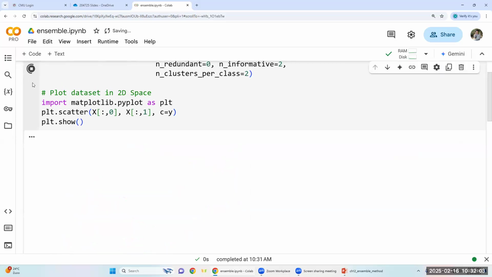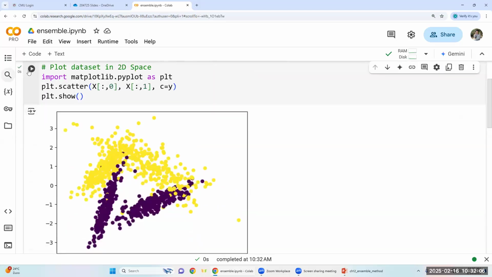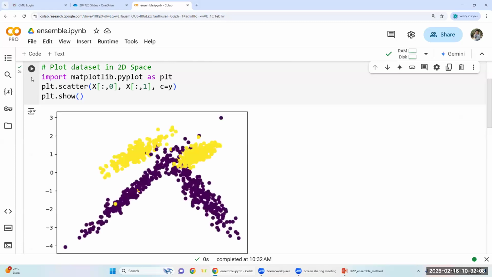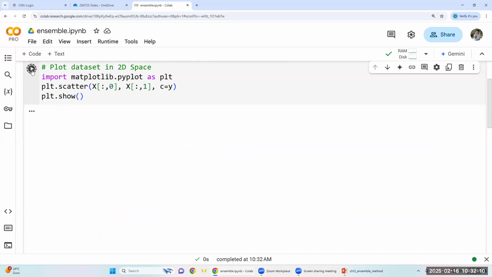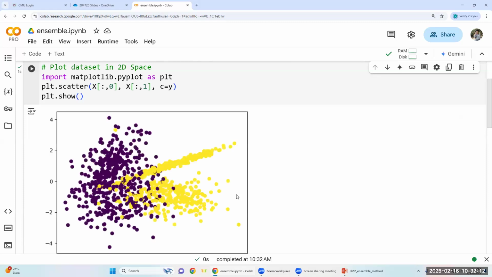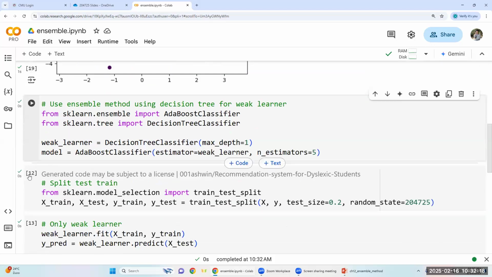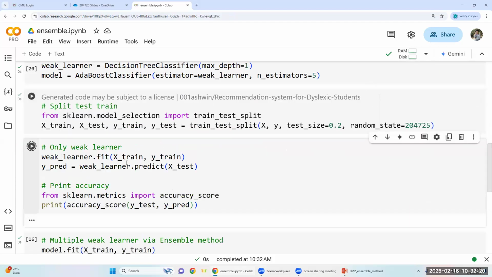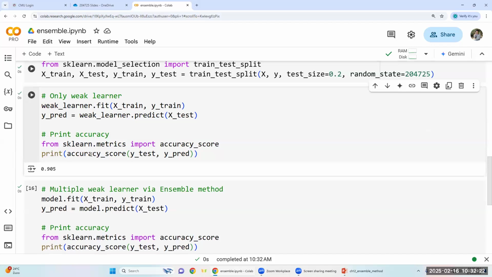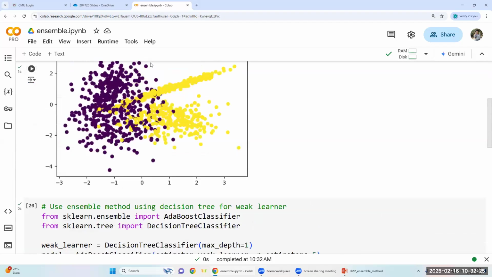So maybe we try, maybe this will be harder, perhaps. 10 test and then weak learner. Oh, still 0.9%.